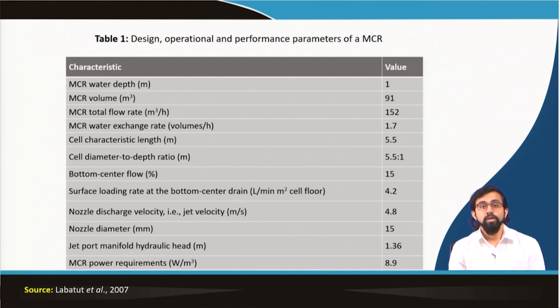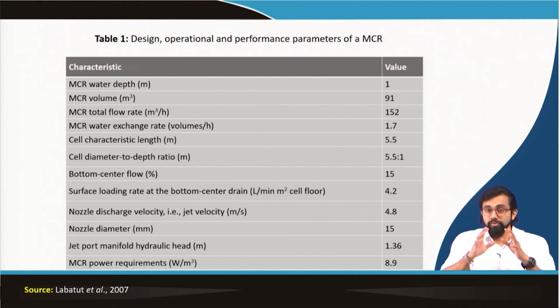The power requirement is almost 8.9 watts per cubic meter of water treatment. I am giving a simple idea: per cubic meter means 1000 liters, so for 1000 liters of treatment you need only 8.9 watts of power. In normal household units for electricity, 1 unit is 1 kilowatt hour.